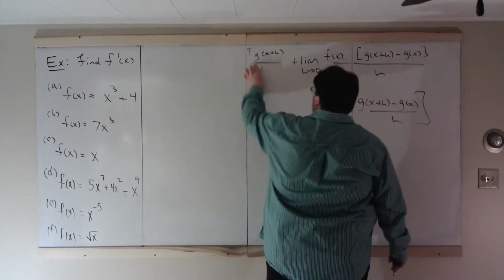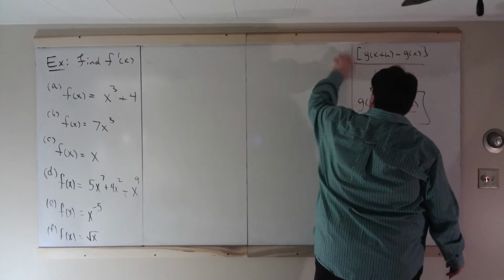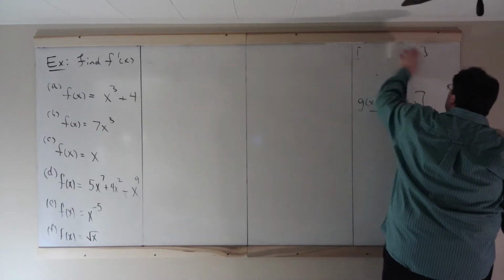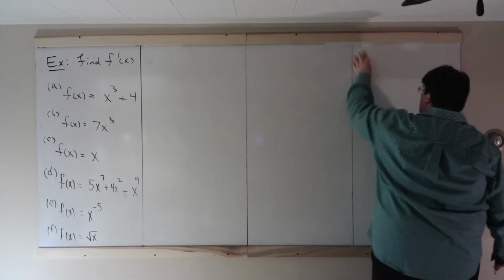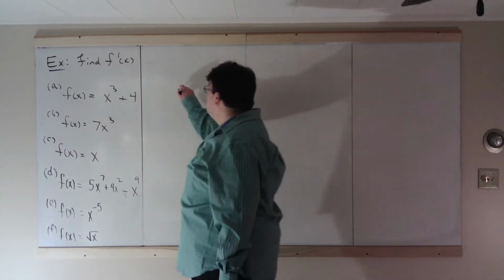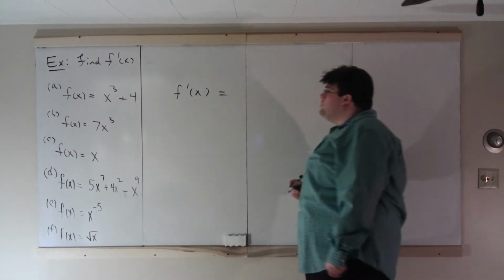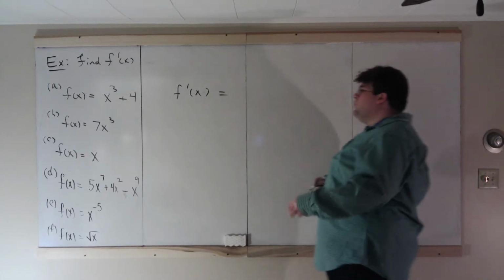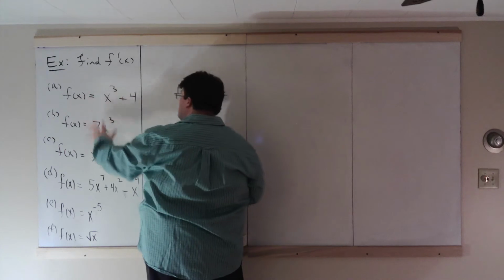And I'm going to do this work right across the board for these. But we're going to use those algebraic derivative rules. So the first one, I'm just going to write the answer over here. First one, x cubed plus 4. Well, rule 4 tells us we can do these one piece at a time.